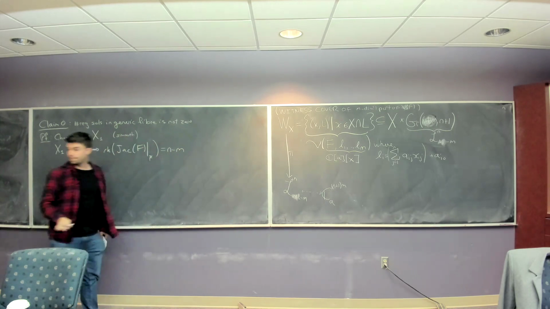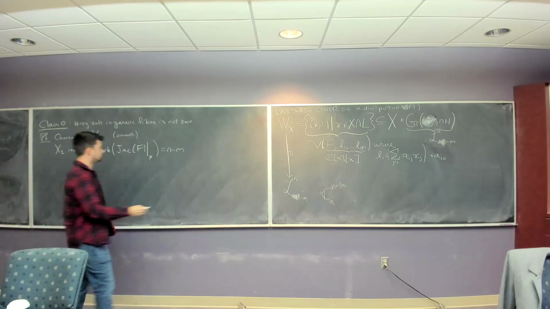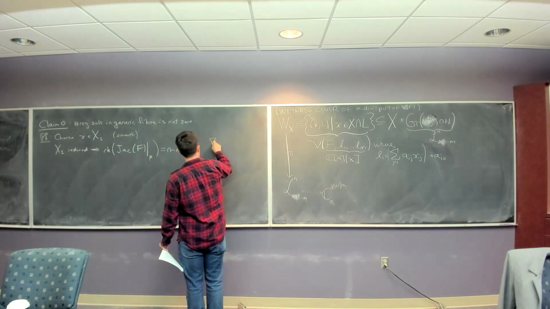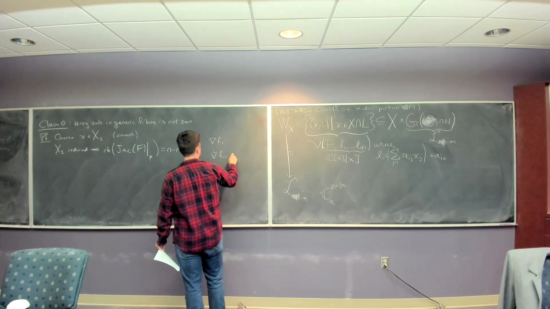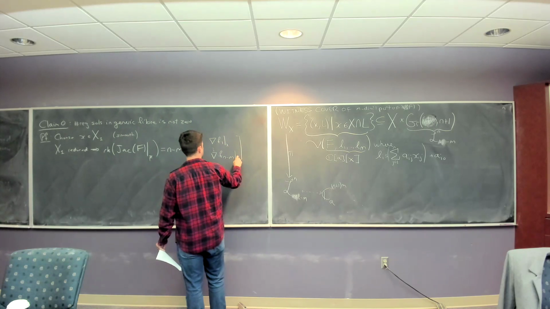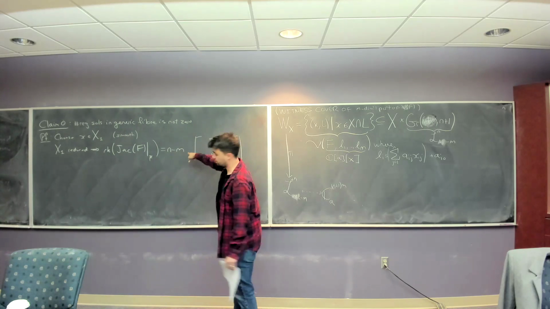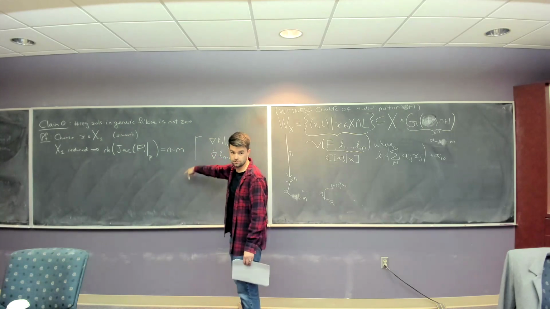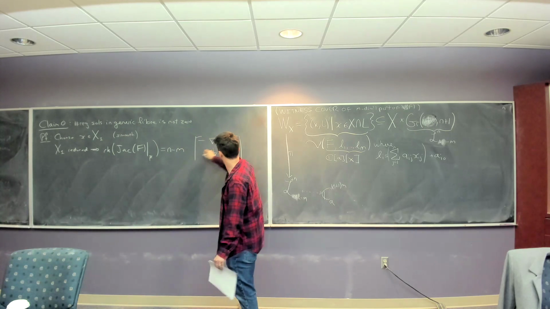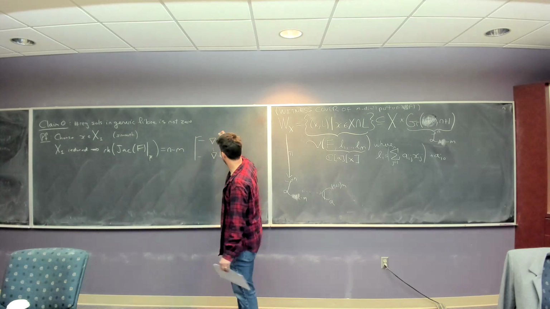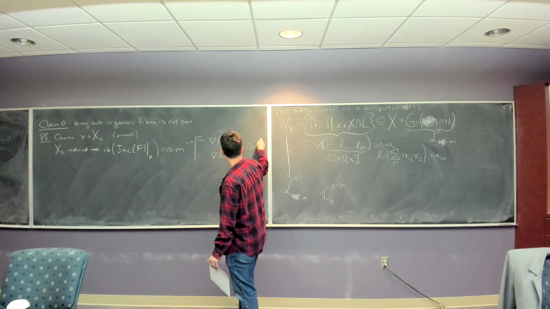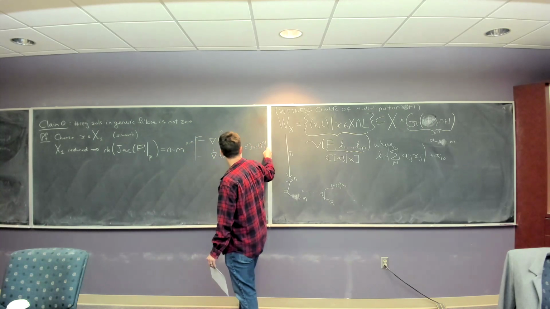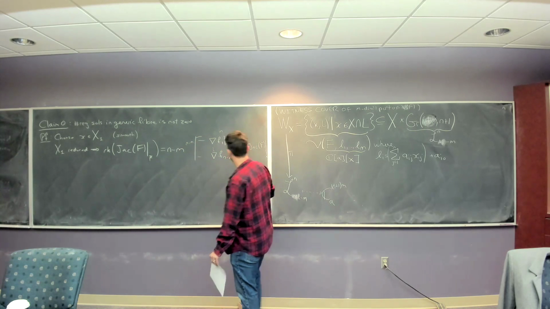Minus... Right? This is an n minus m many rows by n matrix. Okay.